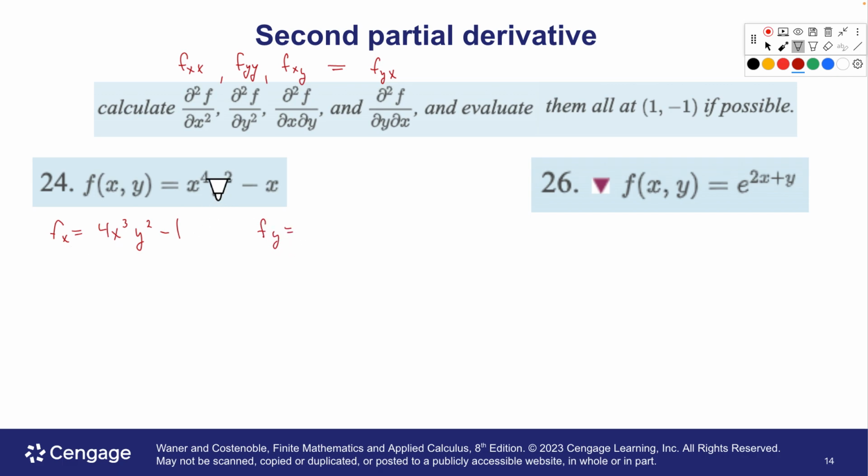Partial with respect to y, the first derivative is going to be, we're looking at y now as our variable. So we're going to get the 2 coming down, x to the fourth tags along for the ride, y to the first power. Derivative of x, that's just a constant, so that's 0, minus 0 if you want, but we'll just leave that clean. Now, for each of these first derivatives, there are going to be two second derivatives.